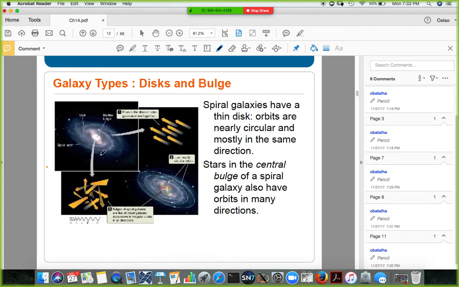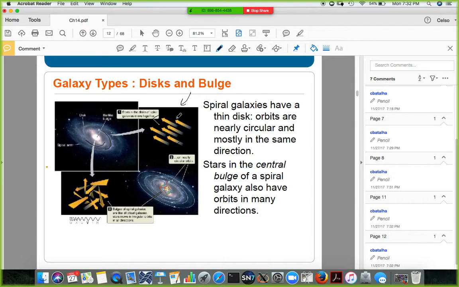Now, spirals are different. In spiral galaxies, stars are part of the disk. Here's the disk, these lanes here indicate the disk. The stars in the disk all go in the same direction, like a herd of cows, they all move in the same direction because they are being called or pulled by some cowboy or cowgirl.